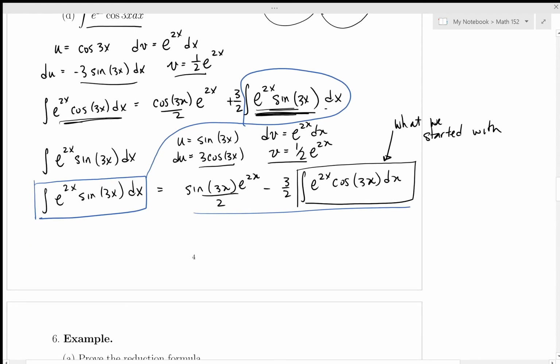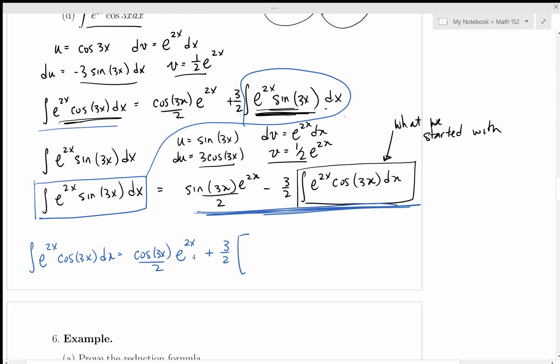I know that the original integral, the integral of e to the 2x cosine 3x dx, is equal to cosine 3x over 2 e to the 2x plus 3/2, and then I'm going to put this in for this integral.